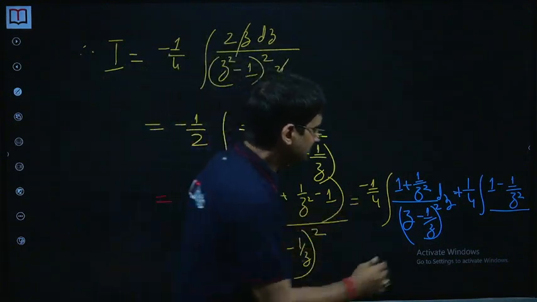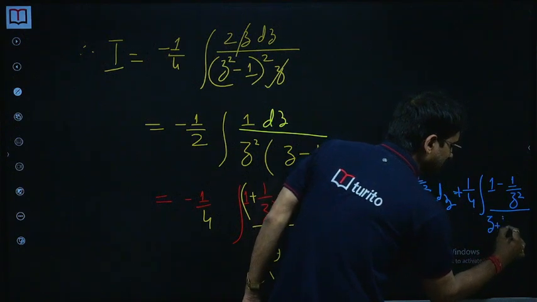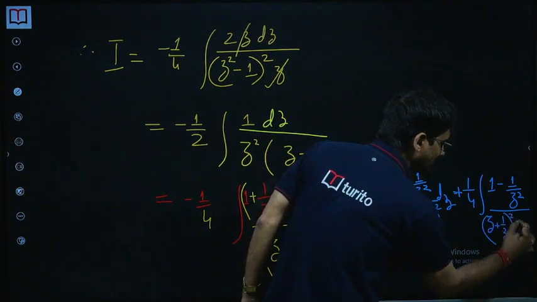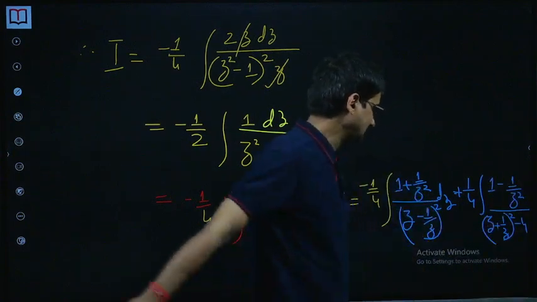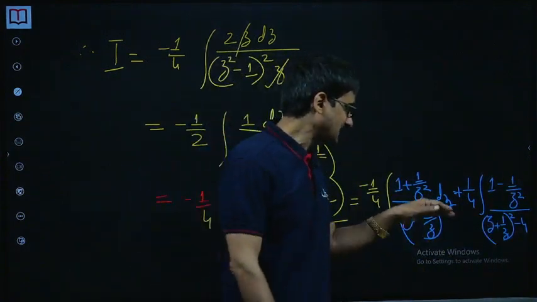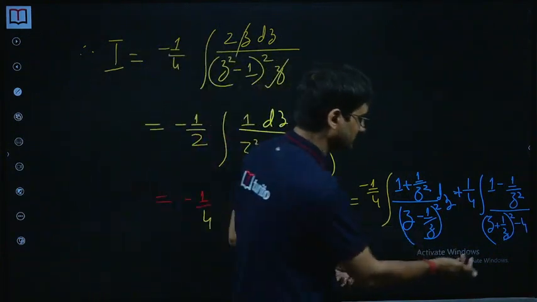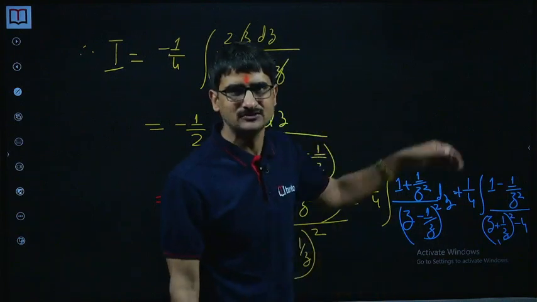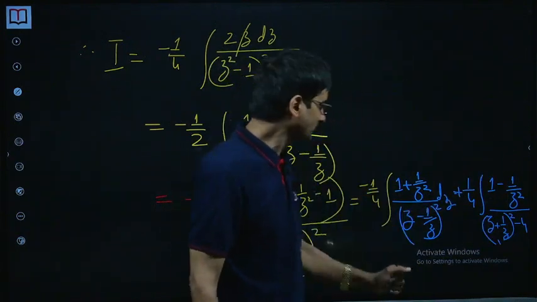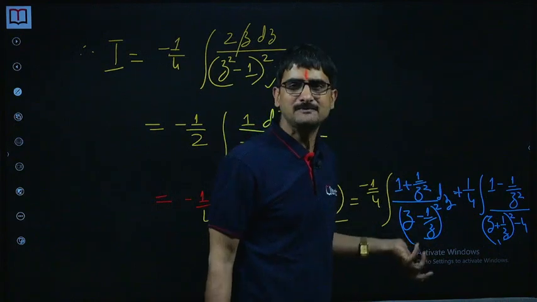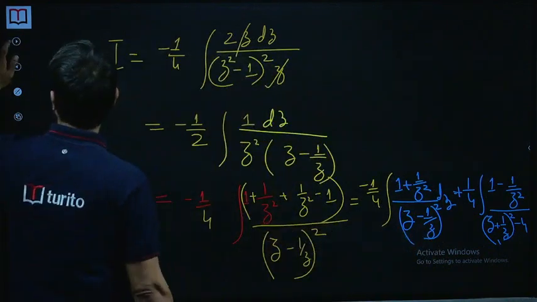So I will write it as (z plus 1 by z) whole square minus 4. I think it's balanced. Okay, z minus 1 by z whole square is (z plus 1 by z) whole square minus 4, that's it. So you replace z plus 1 by z by p, so it's dp by p square minus 4, and this is simply dp by p square, that's it. Okay, so that's your next question.